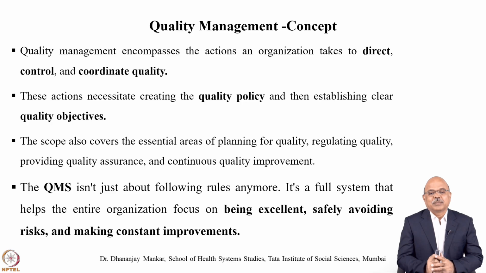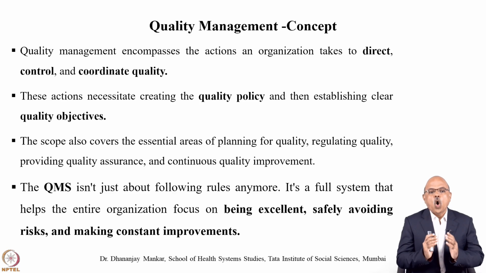Quality management concept. Quality management encompasses the actions an organization takes to direct, control, and coordinate quality. These actions necessitate creating a quality policy and then establishing clear quality objectives.